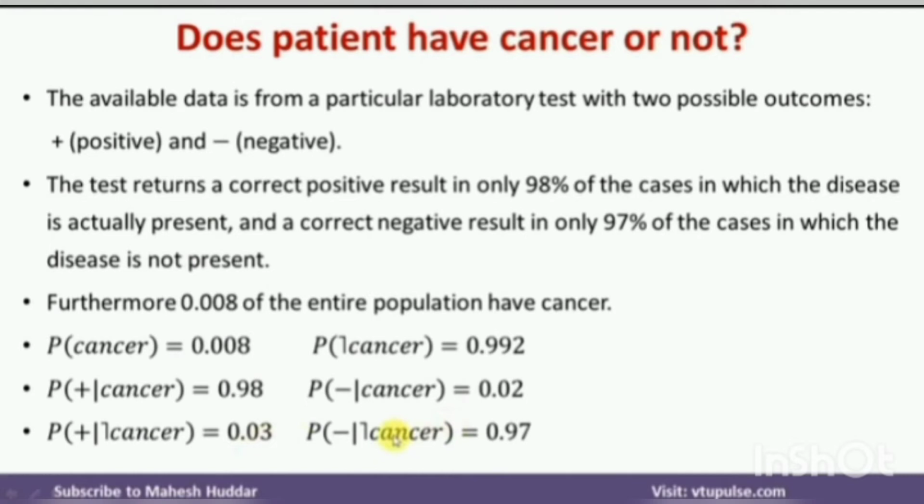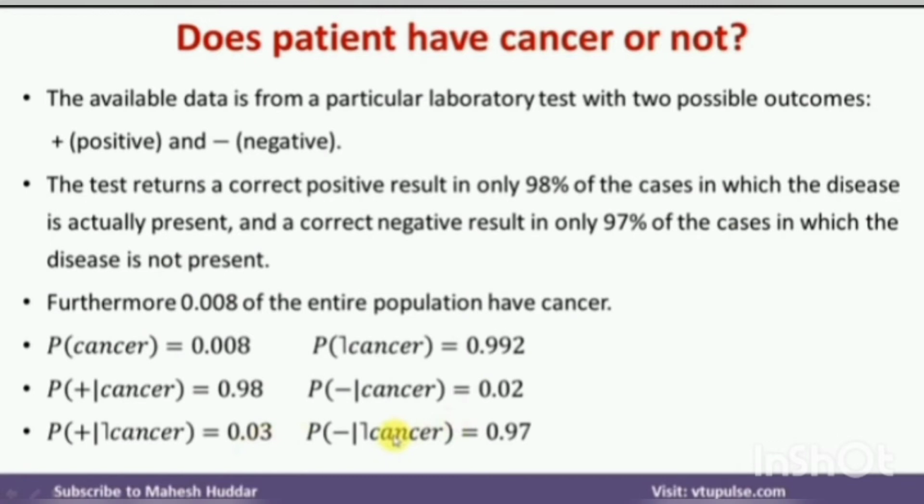The available data is from a particular laboratory test with two possible outcomes. Many people have taken the test. Some of the people may be positive and some may be negative. This is the best example to determine cancer testing by using the Bayes theorem.